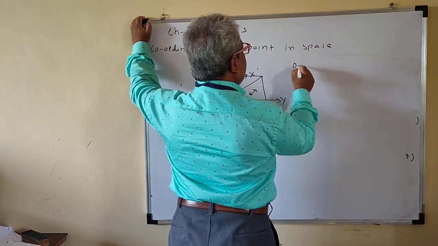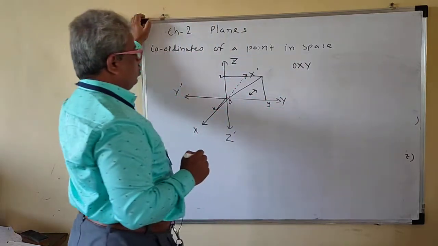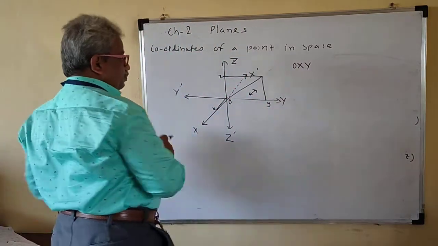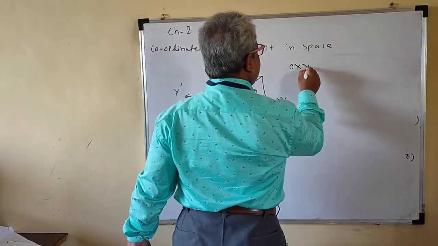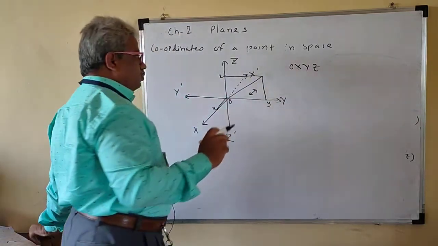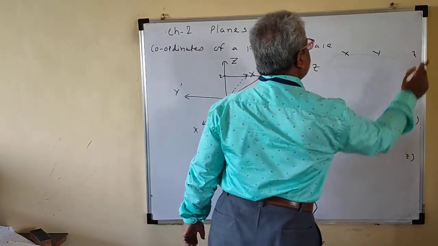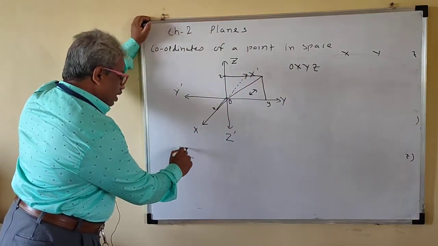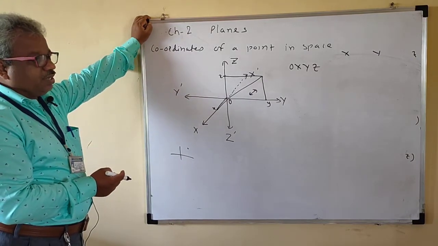Suppose this is O, X, Y, Z. This is the x axis, y and z. We will see only the positive ones. You know that. Here, this is in the first quadrant. Your x coordinate and y coordinate are positive here.